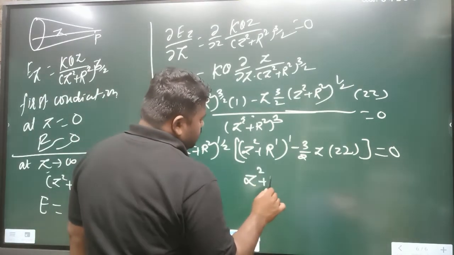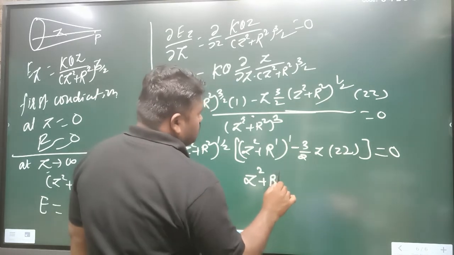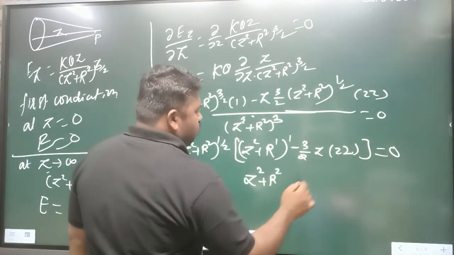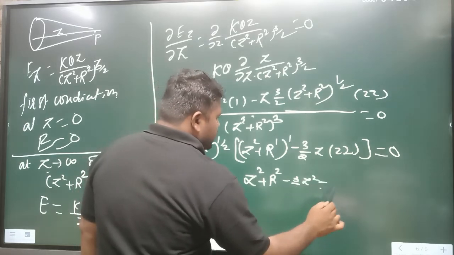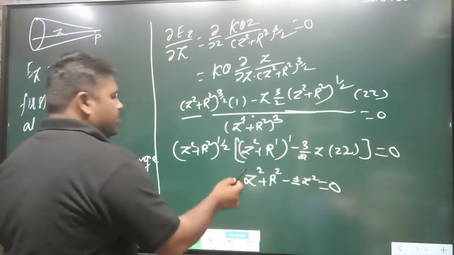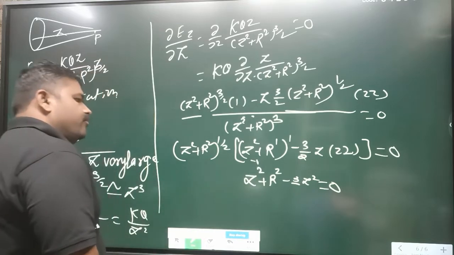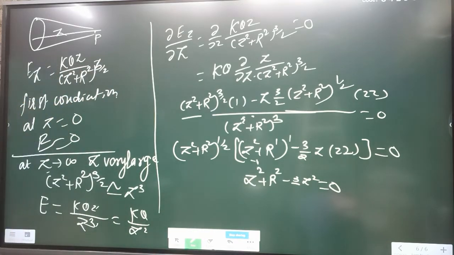Z square plus R square is equal to minus 3 by 2. Sorry, 3Z square is equal to how much? 0. Okay, we can take the second part only. Yes, R square minus 2Z square is equal to 0.